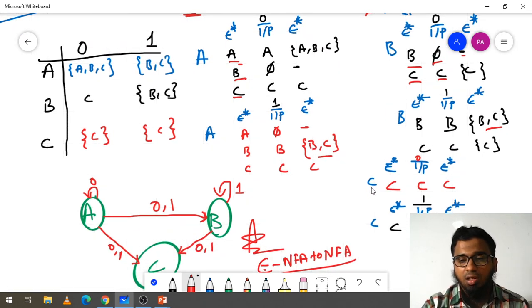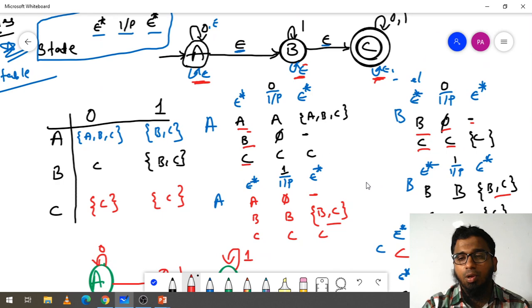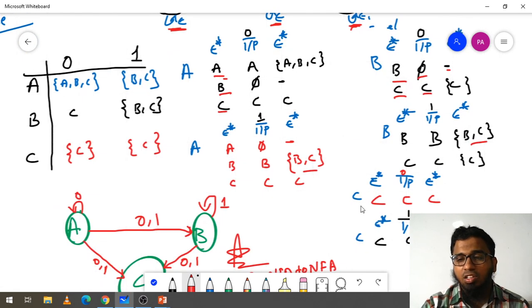Last one is C. C epsilon is C, and C on 0, as per this table we are getting C only. C epsilon star is going to C only.